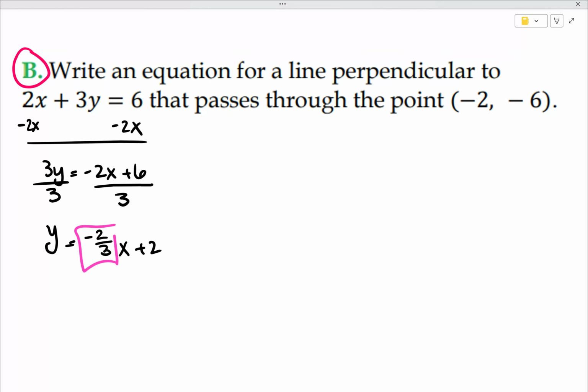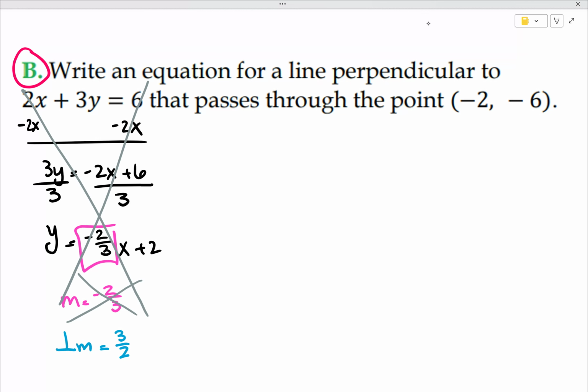So our original slope is negative 2/3, but we need the perpendicular slope. So instead of negative, it's going to be a positive 3/2. Now we're kind of done with this original equation and that original slope. We're going to use our perpendicular slope and the point to write our equation.